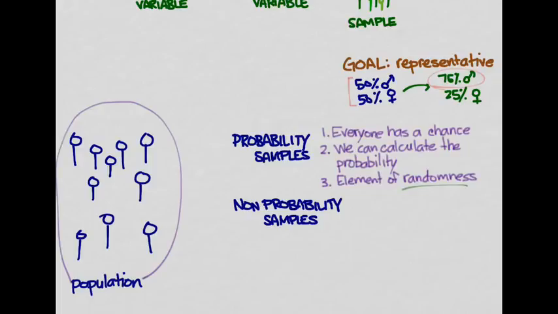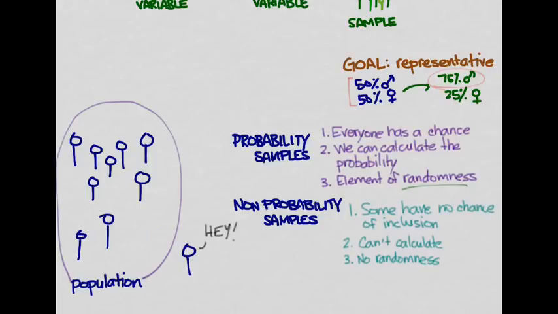Conversely, a non-probability sample is not going to meet those criteria, so there might be someone who has no chance of being included, or we can't calculate it, or there's no element of randomness. And so this makes us unable to use inferential statistics. We could still do descriptive statistics, things like reporting on the mean, the median, the interquartile range, the standard deviation, but we can't do those things that let us make assumptions, like what is the probability of this happening.